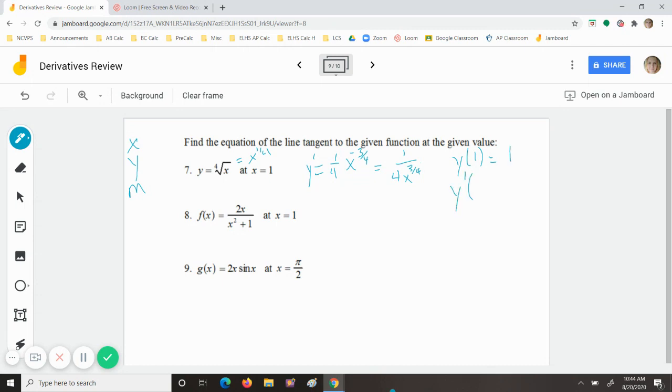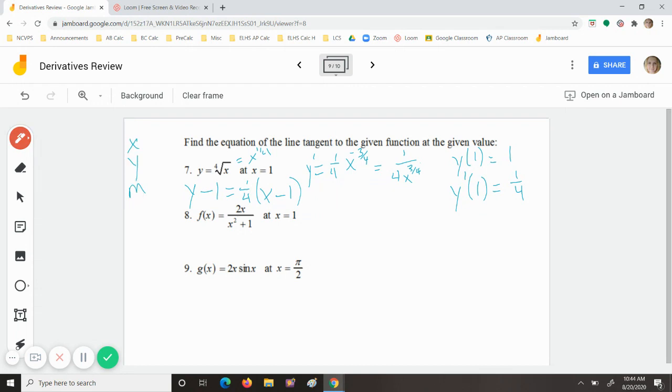Let's plug into the derivative to get our slope. 1/4 times 1 to the 3/4 is just 1/4. So if we write the equation of our tangent line, we'd have y minus 1, the y-coordinate, equals m, the slope, which is 1/4, times x minus the x-coordinate, which is 1.